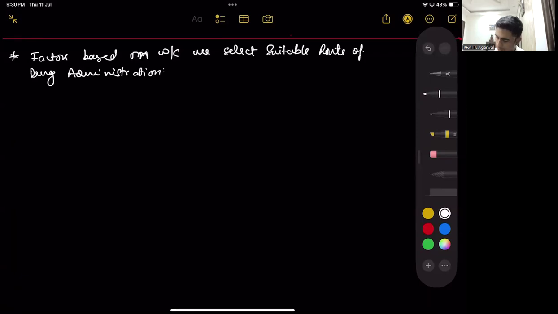There are around five to six factors. The first is extent of drug absorption.